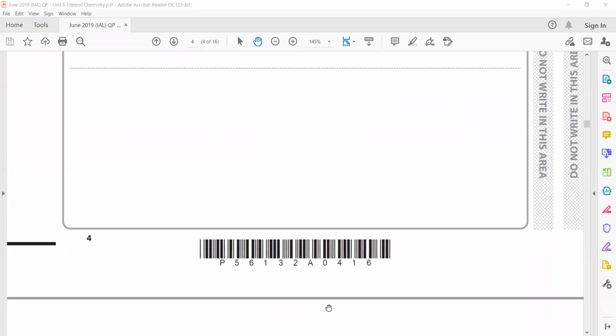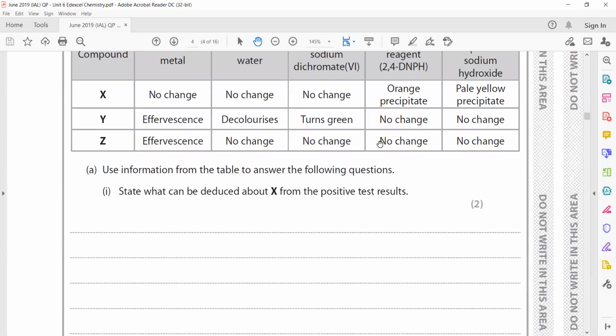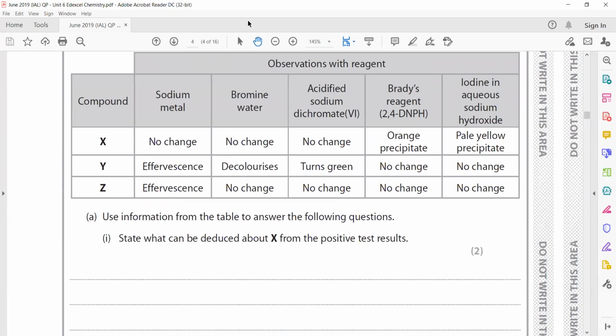The OH group is there but it cannot be oxidized. So this confirms the presence of OH, and this confirms it cannot be primary or secondary. It can only be tertiary.